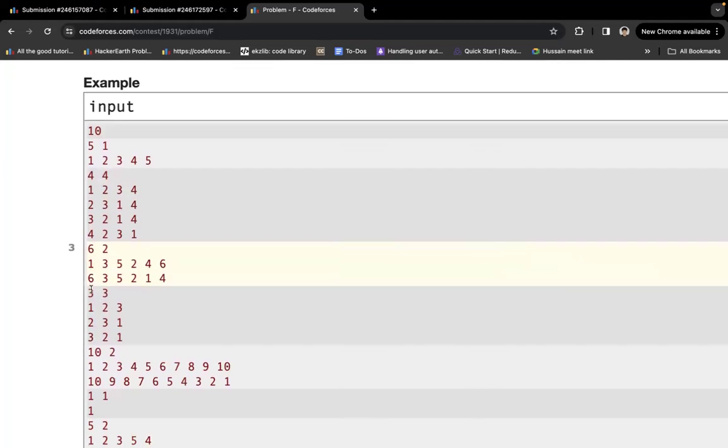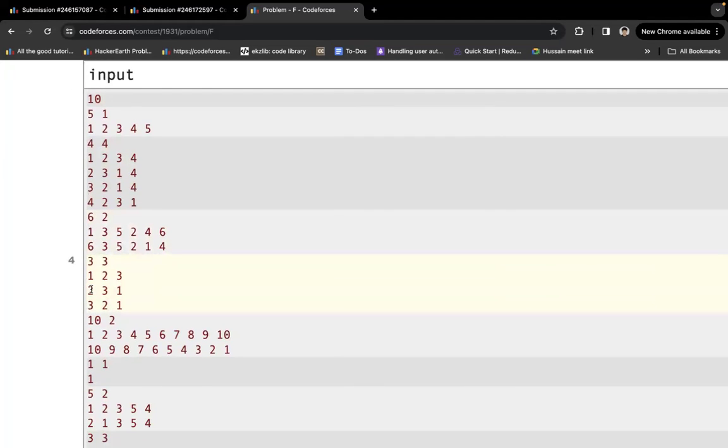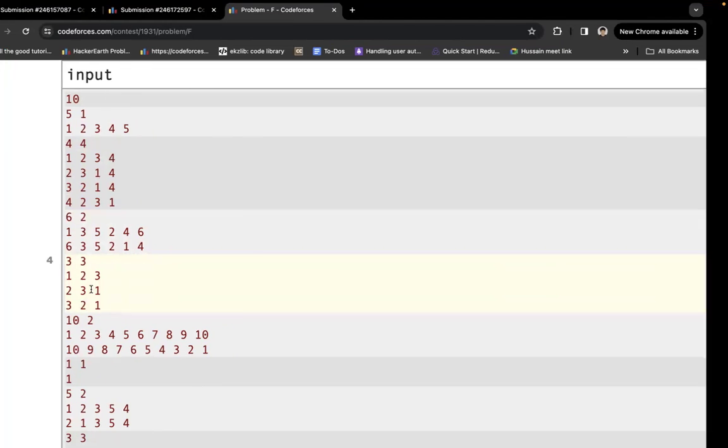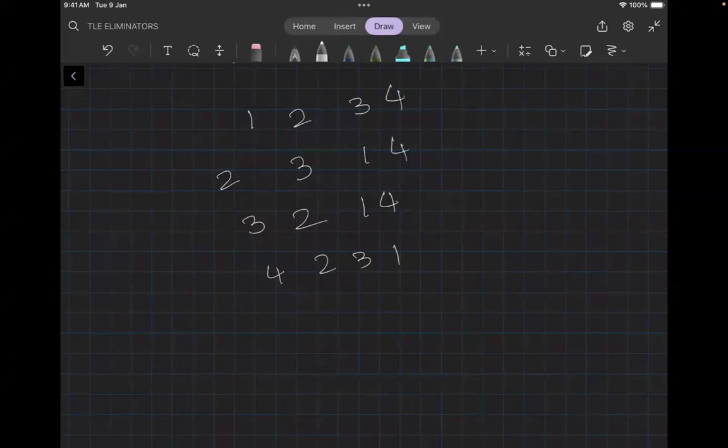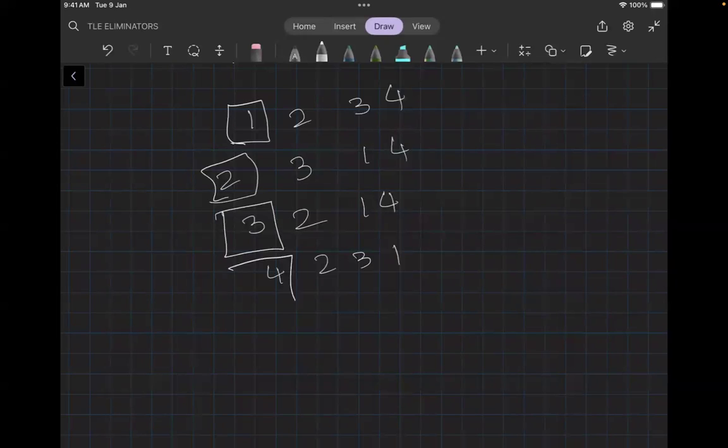Let's take this. Okay, let me just write it down. 1 2 3 4, 2 3 1 4, 2 1 4 3, 4 2 3 1. Okay, so we know that the person who took the screenshot removed him from the list and put him on the top.